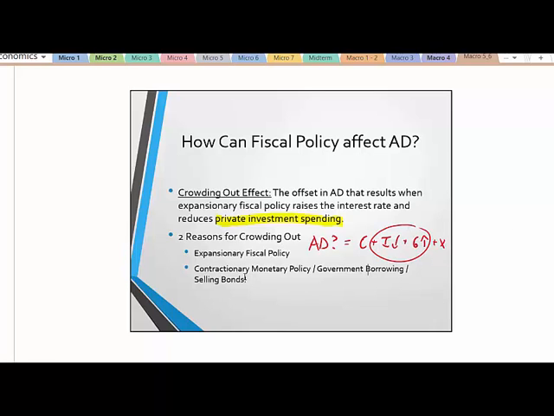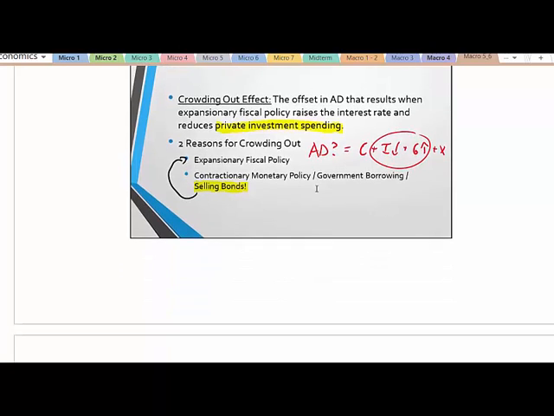The reason why, again, is because the government needs to pay for its increase in spending, and they do that by selling bonds, and that's going to be really important here. So expansionary fiscal policy can lead to crowding out, and any time that we're selling bonds, you will have this situation, but it is mainly due to expansionary fiscal policy.